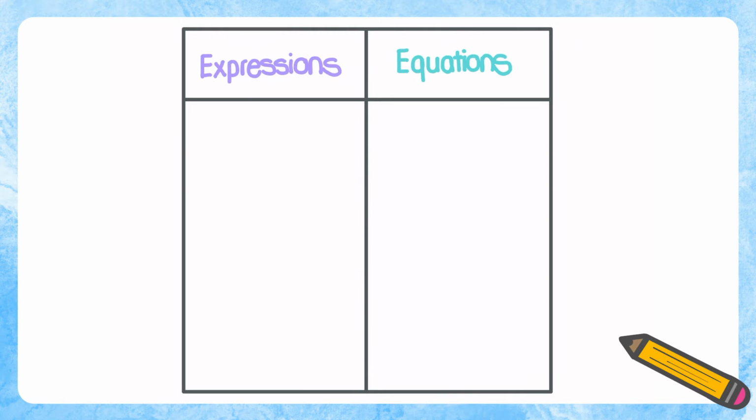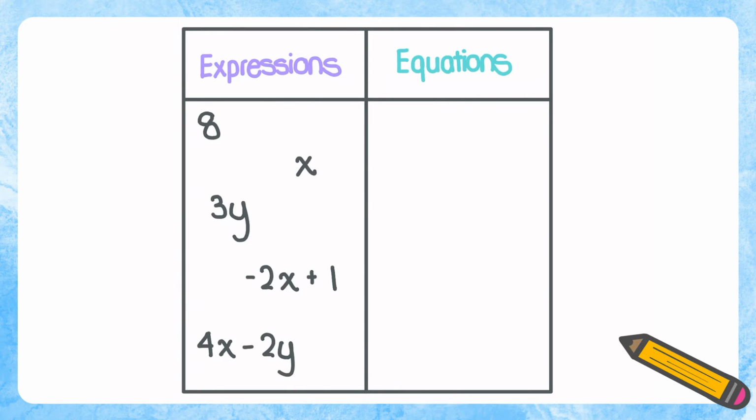So examples of expressions would be like 8, a number, x, a variable, or a combination like 3y, or -2x plus 1. And we can also even have something like 4x minus 2y. These are all expressions.